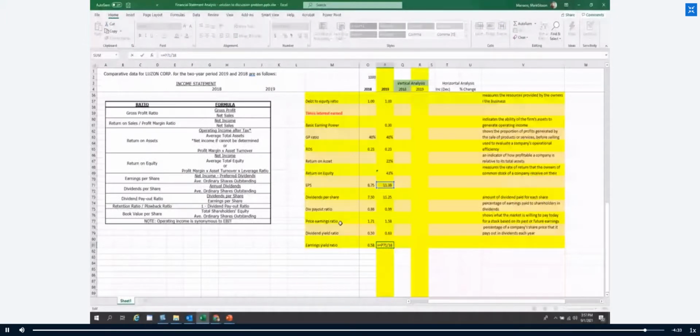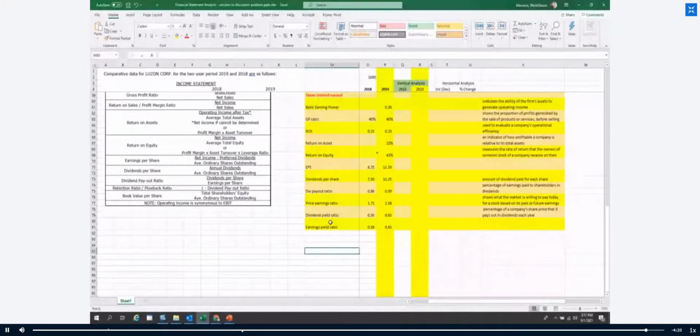So again, class, the ratio analysis may seem to be really challenging because there are a number of them, but like I said earlier, if you try to write it down and practice computing for it, it will become easy to solve this type of problems, especially liquidity ratios. These are fairly straightforward.